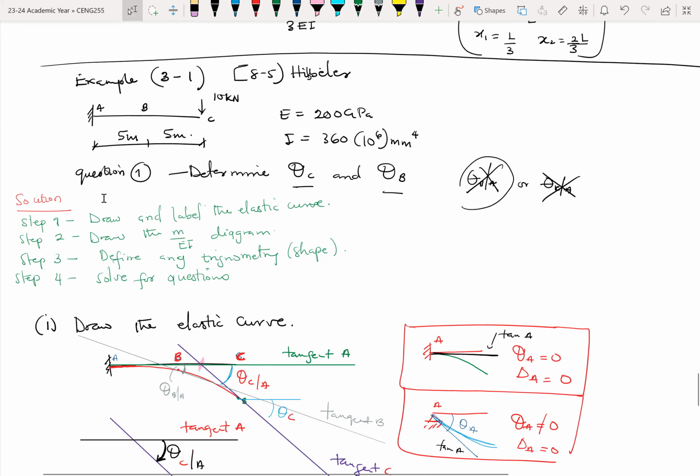So, 200 GPa is the same as what? 200 times 10 exponent 9 newtons per meter squared, sorry, not millimeter, meter. And this is the same as 200 times 10 exponent 6 kilonewton per meter squared. Then I is 360 times 10 exponent 6 mm^4.